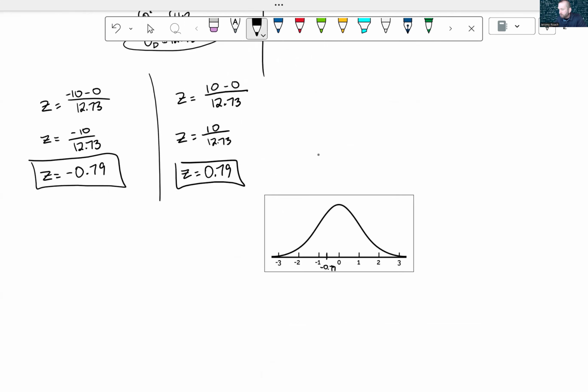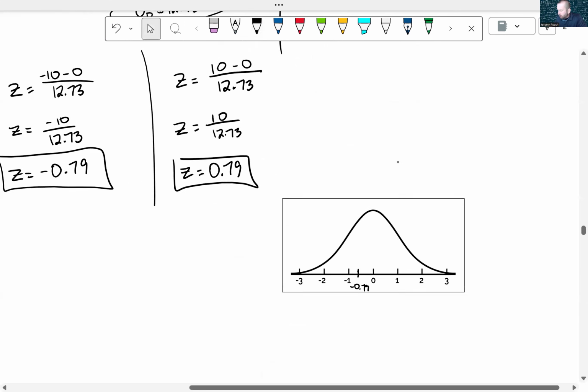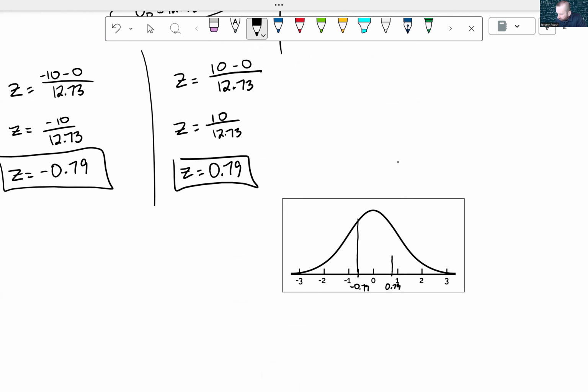Zoom in a little bit more. And positive 0.79. So we want to find what's the area under the curve here.